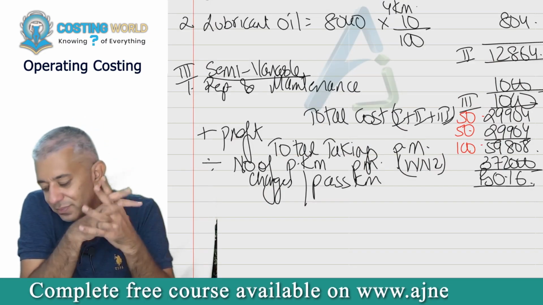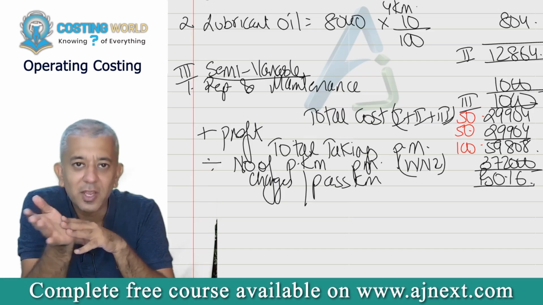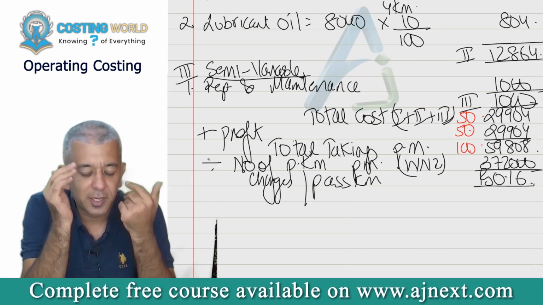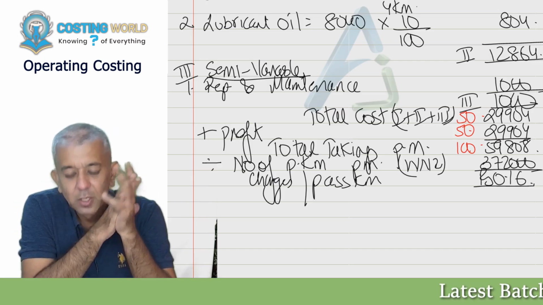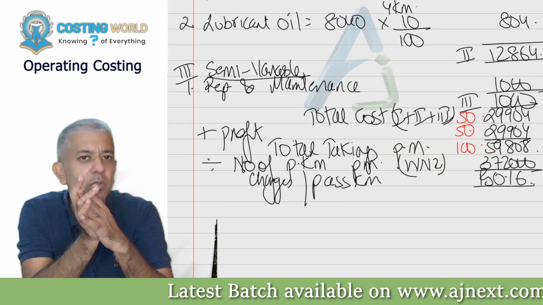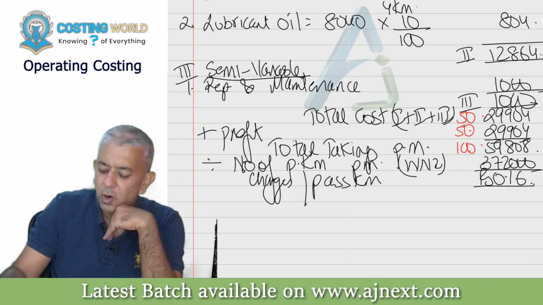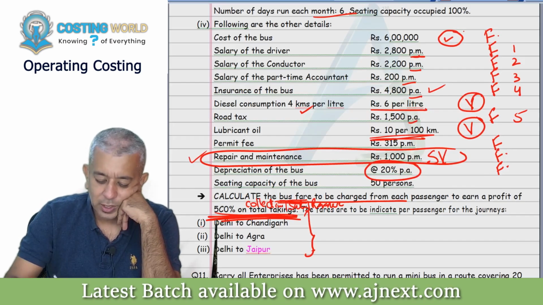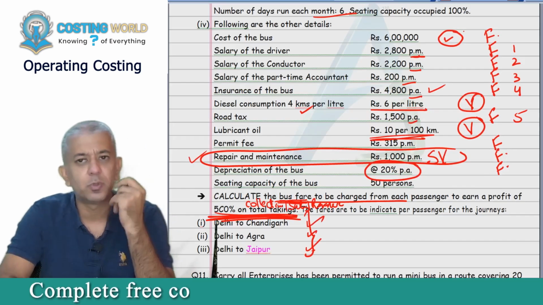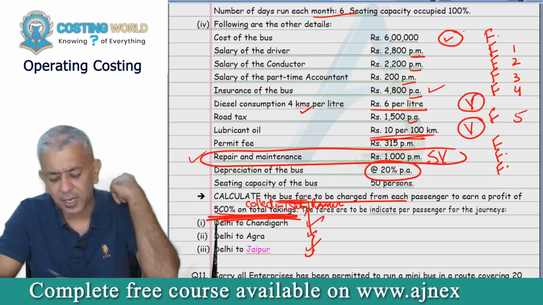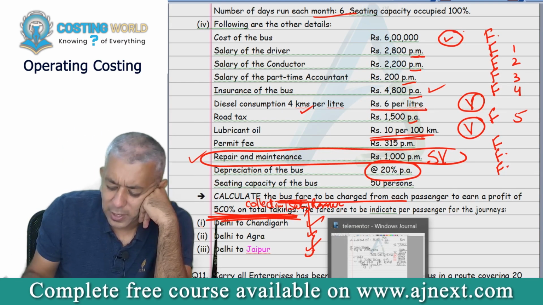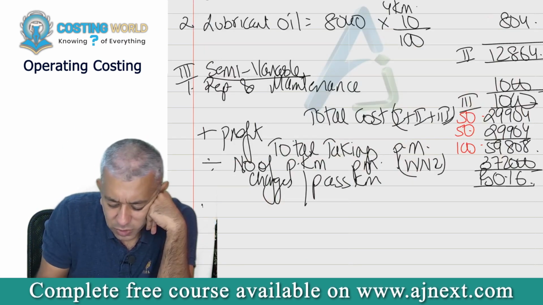After every kilometer, a conductor will not do that. It is impossible. So they want us to compute the fare for the journey Delhi to Chandigarh, Delhi to Agra, Delhi to Jaipur. Those guys will be purchasing that ticket only.